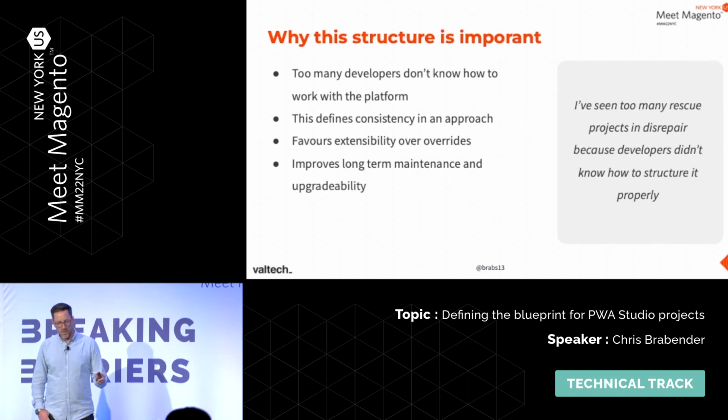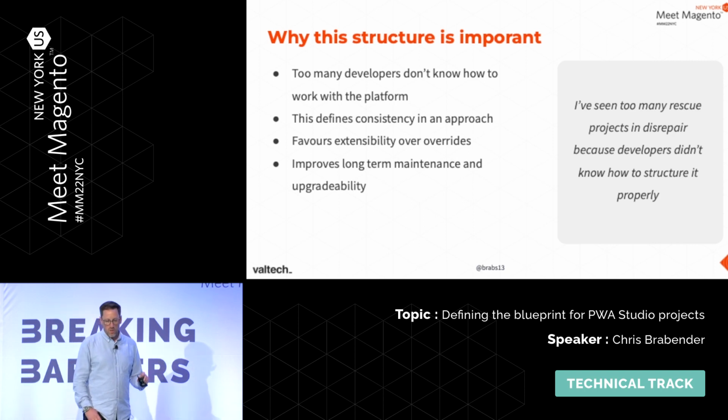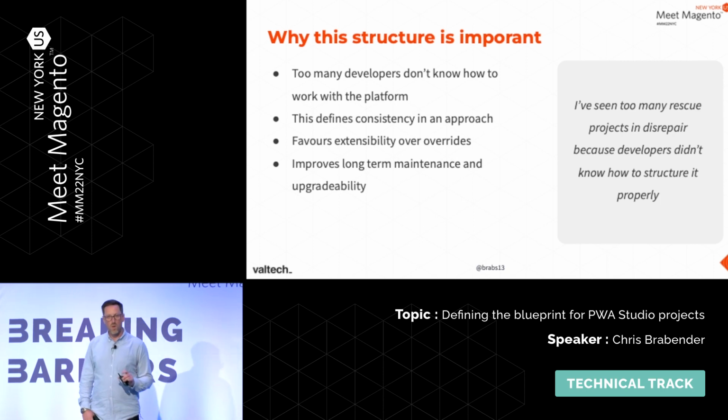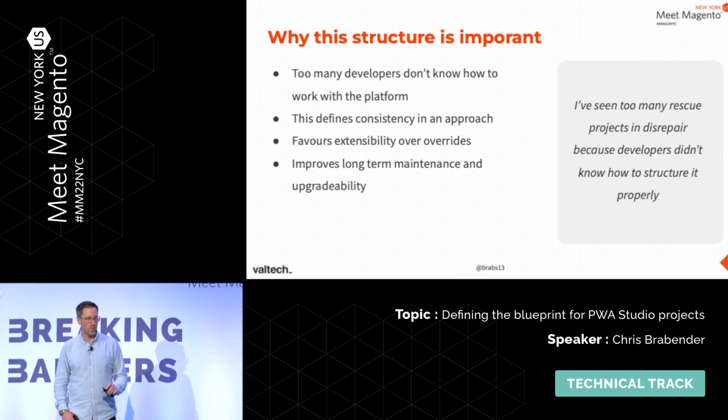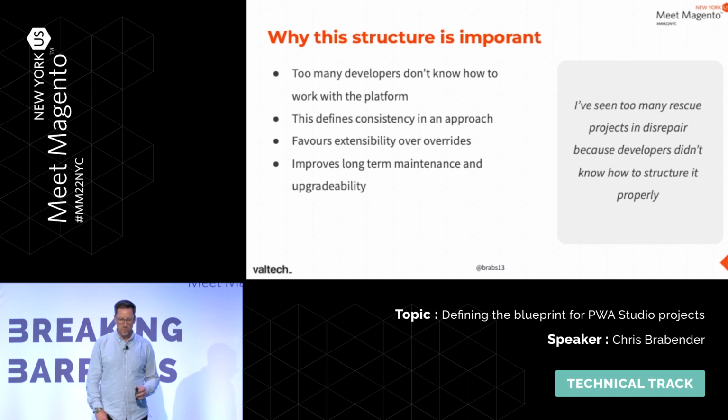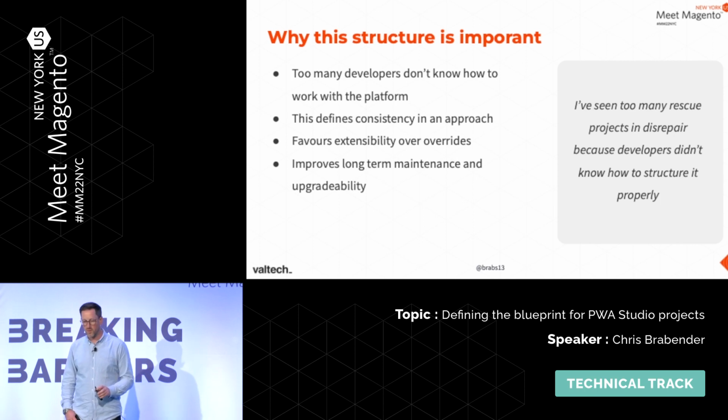So today, I want to talk about why a structure to PWA Studio is very important. Unfortunately, as a new product, too many developers don't yet know how to work with this platform. It's quite complicated to work with at times. So this approach defines some consistency, a way that we can build product the same way repeatedly.